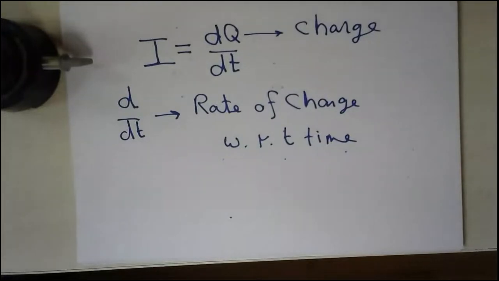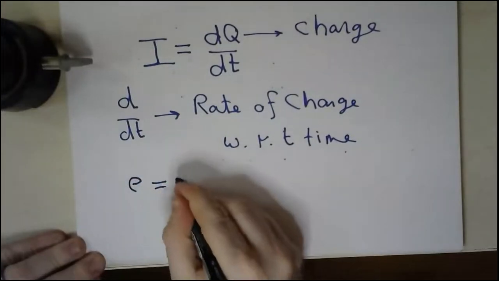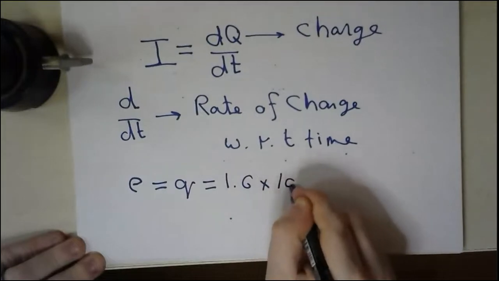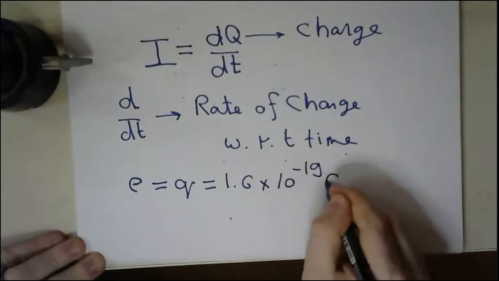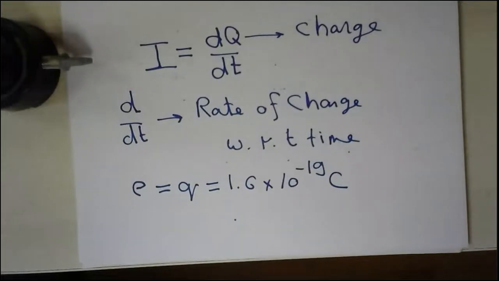I believe that you know that the term e, or sometimes we call it q, which equals 1.6 times 10 to the power negative 19 coulomb, represents the charge of a single electron. So this is an example for charge. So electrons are charged.